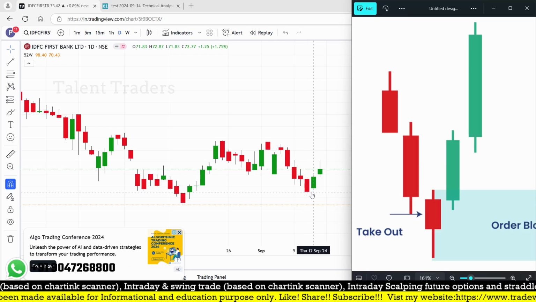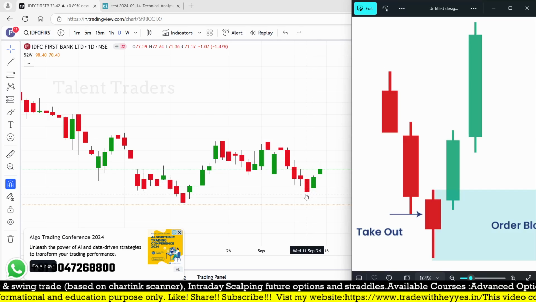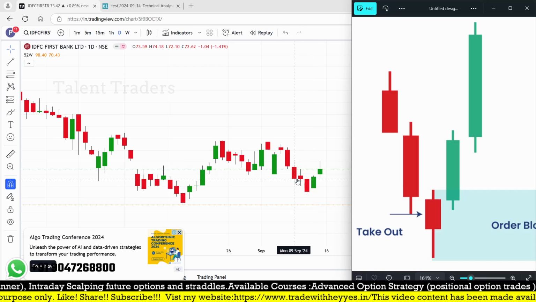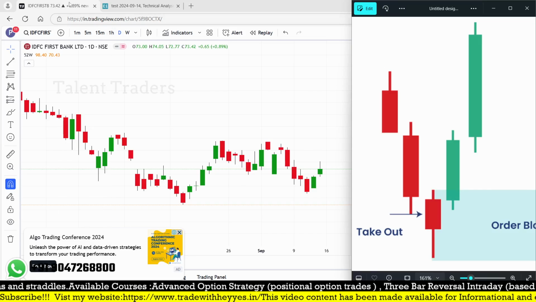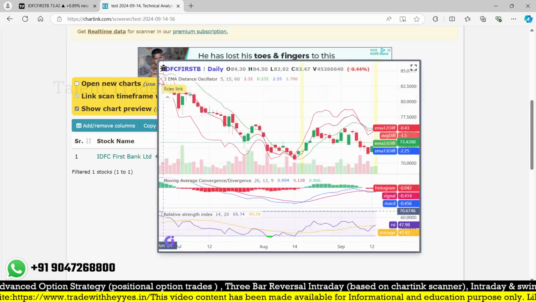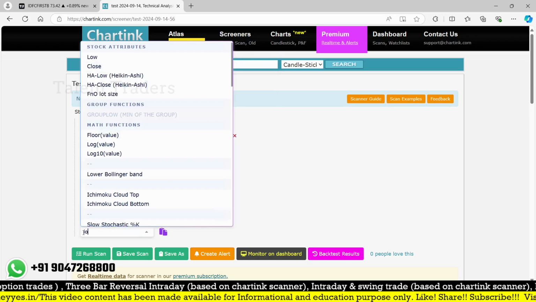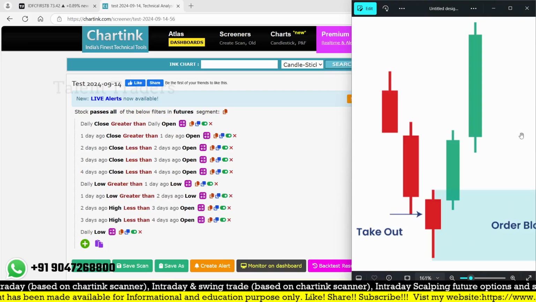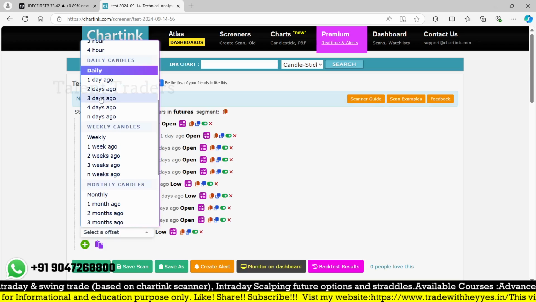I simply want to find out this low must be, 1 2 3 4, the third one is the latest, -1 -2 -3, the -3 candle's low should be greater than the -2 candle. So let me check those conditions. That should be candle 0, -1, -2, -3.